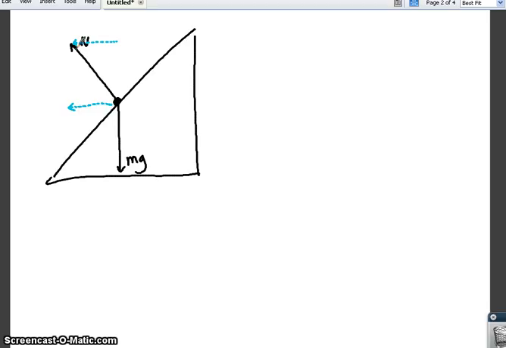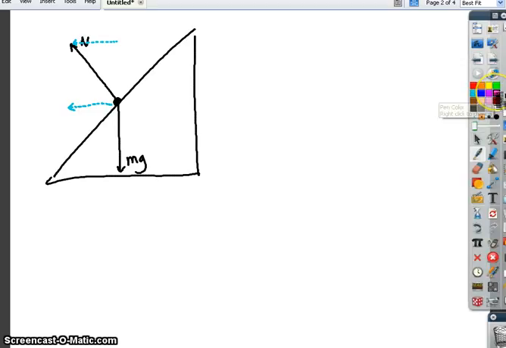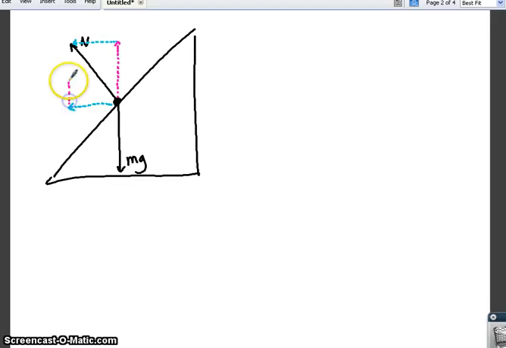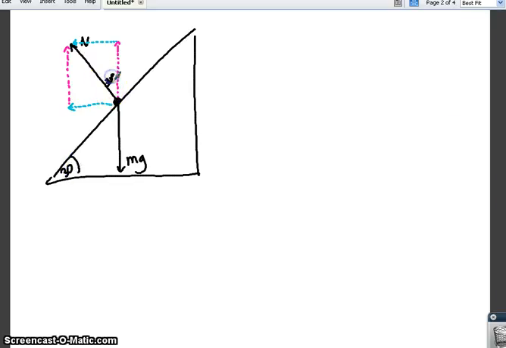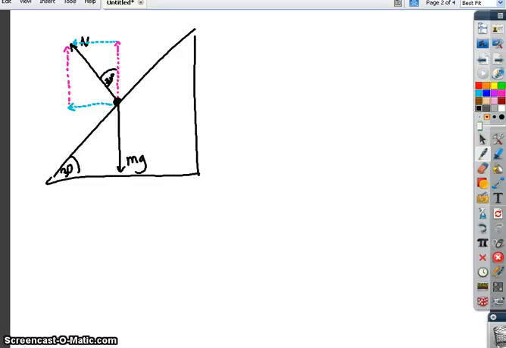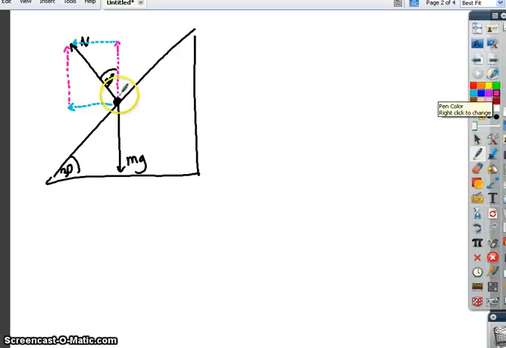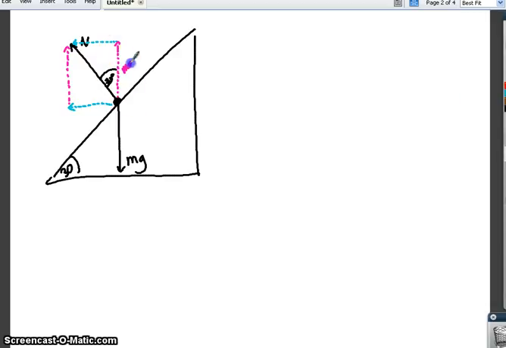Those are the same. Let's get a different color. And that is going to be equal to that. So if this is our angle, we'll stick with 30, if this is our angle, 30, right here, those are the same, then that means this side is n cosine theta.